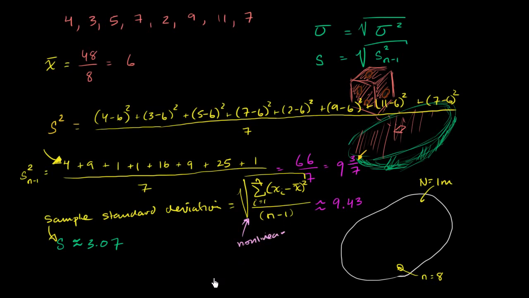Why don't we go through similar pains and somehow figure out a formula for an unbiased estimate of the population standard deviation? And the reason why that's difficult is to unbias the sample variance, we just had to divide by n-1 instead of n. And that worked for any probability distribution for our population.